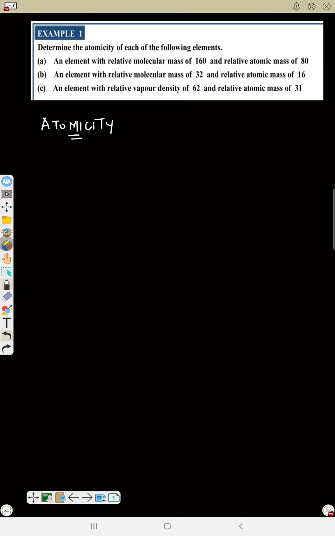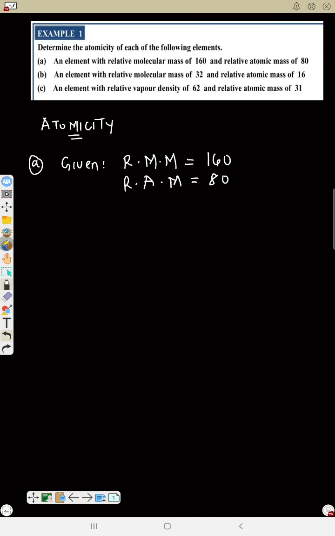In example 1 above, we have to determine the atomicity of each of the following elements. See the A part: an element with relative molecular mass of 160. The data given is RMM, relative molecular mass, of 160, and relative atomic mass, RAM, equal to 80.